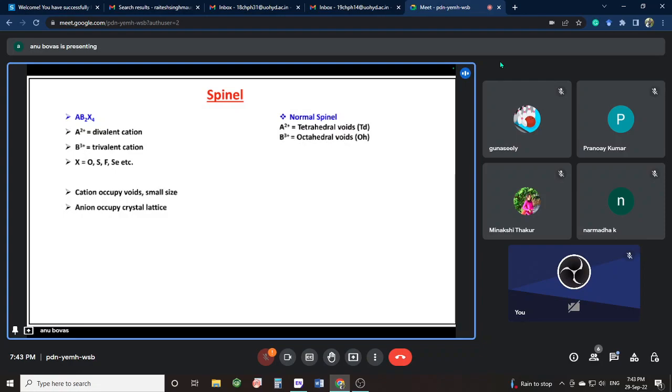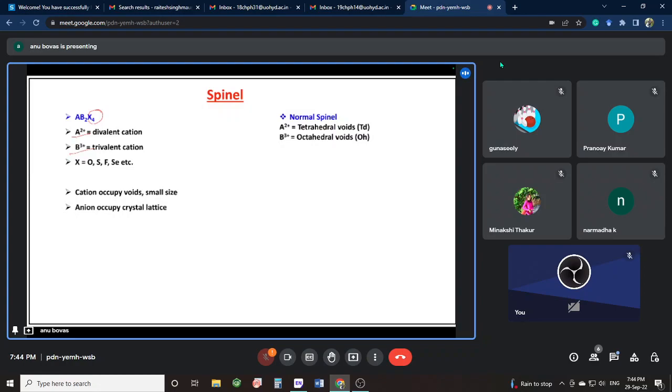So in a normal spinel, we have two cations, A2+ and B3+, and X will be occupying the crystal lattice. Where will A2+ and B3+ be present, in tetrahedral voids or octahedral voids? Based on that, we can divide spinels into normal spinel, inverse spinel, or mixed spinel.